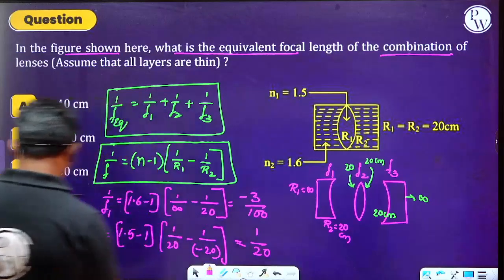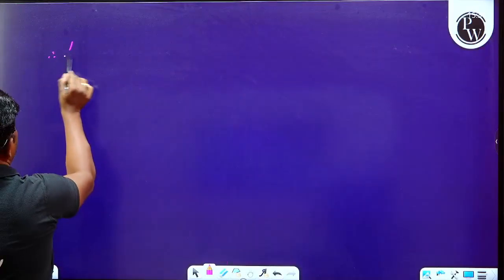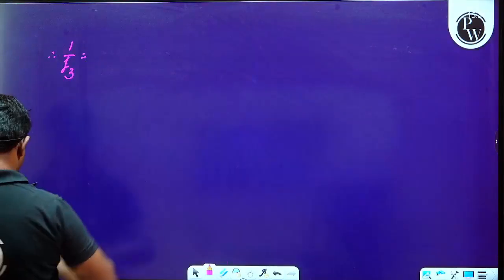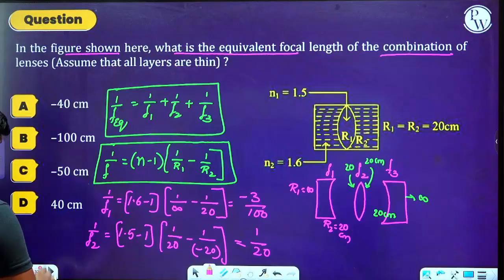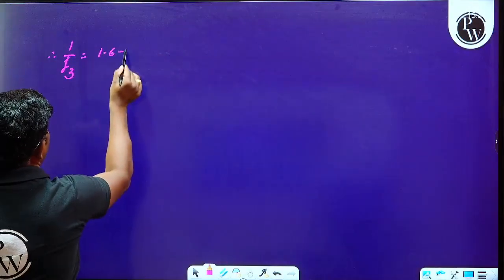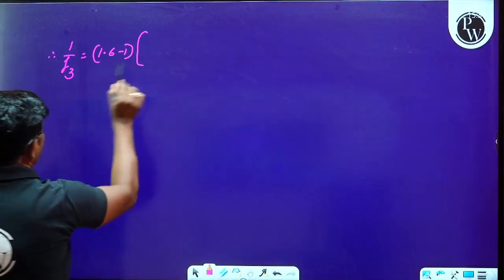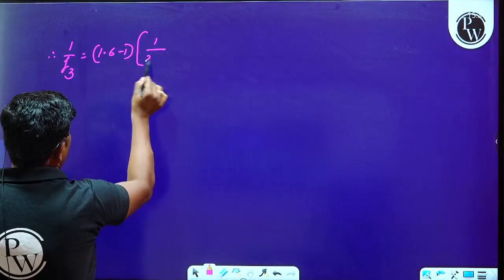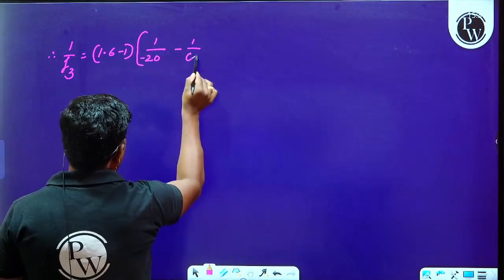1 by f3 becomes equal to 1.6 minus 1 into 1 by minus 20 minus 1 by infinity.